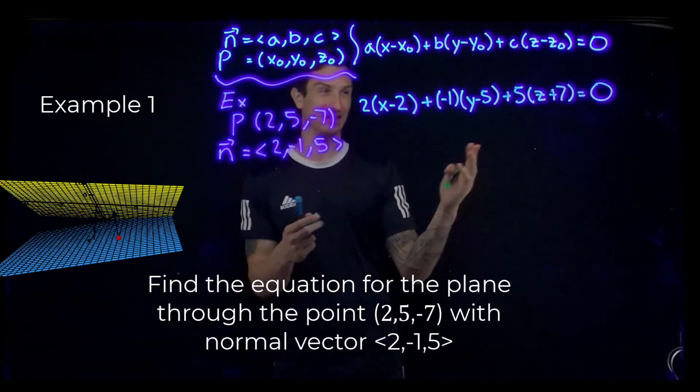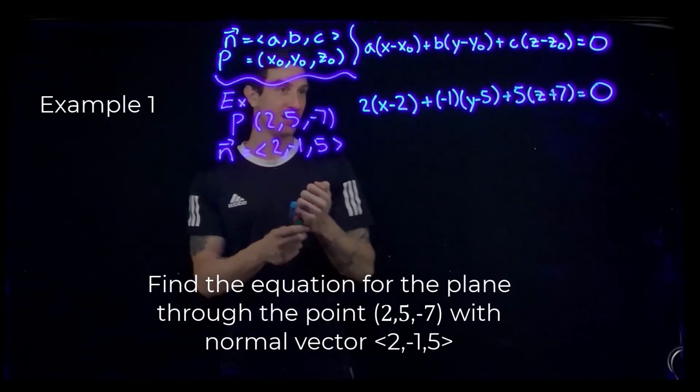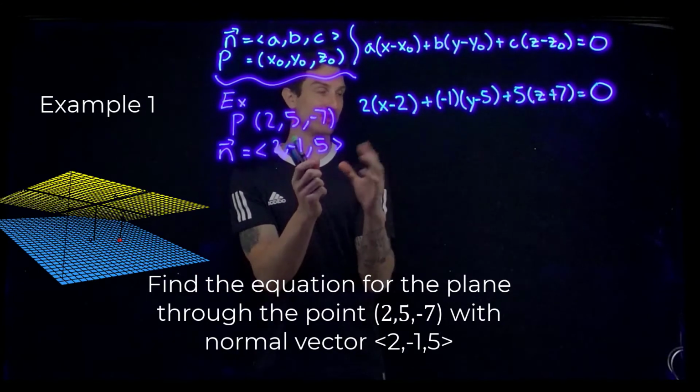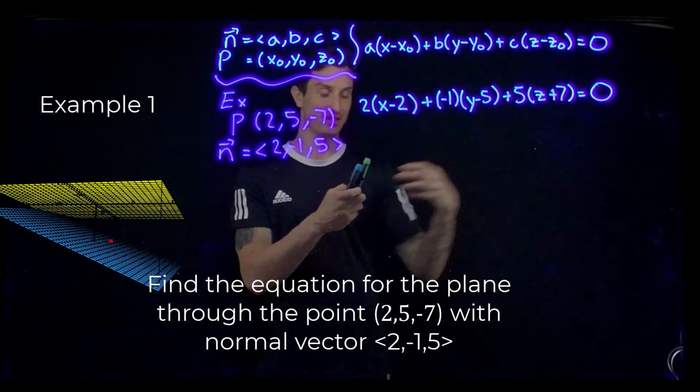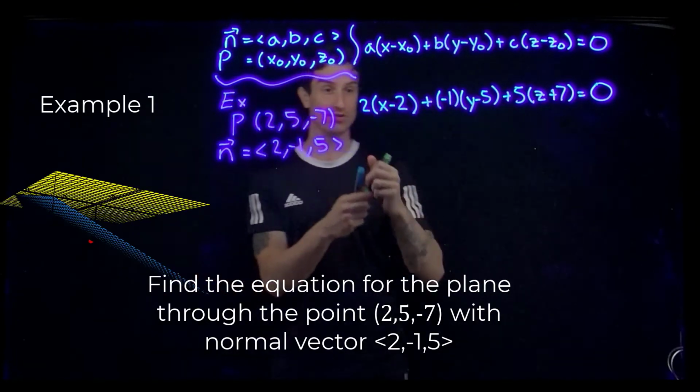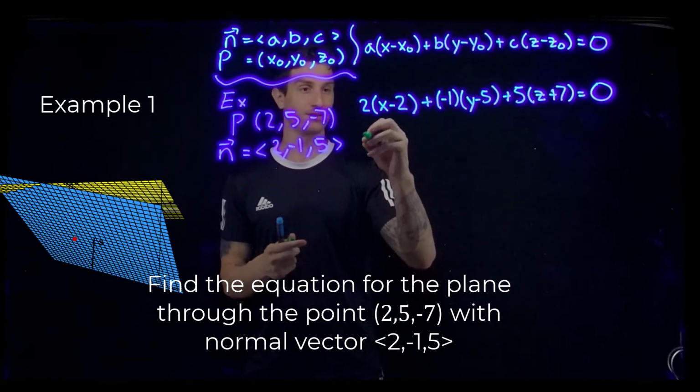Now, we don't want to leave it just like this. This doesn't look great. Typically what we want is our x, y, and z on one side and the rest of the numbers on the other side. So let's go ahead. We just need to distribute, and we can get rid of that -1 that's hanging out there.